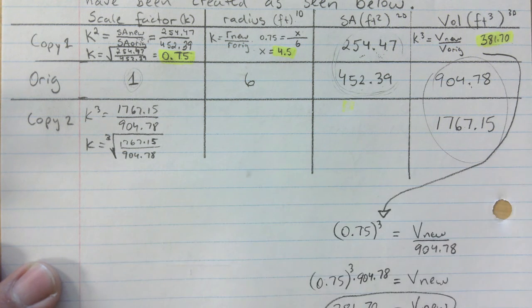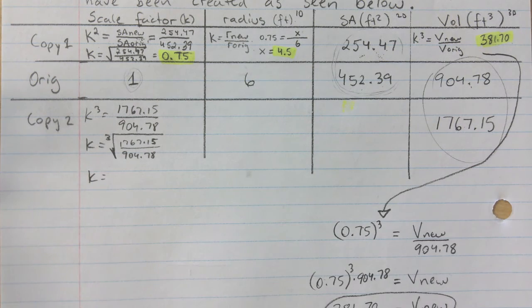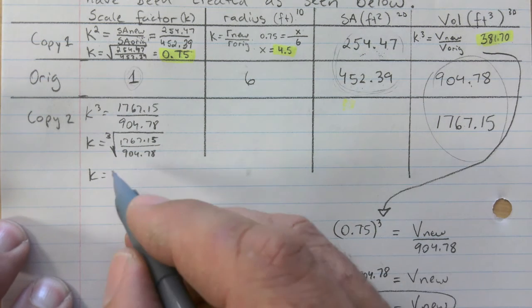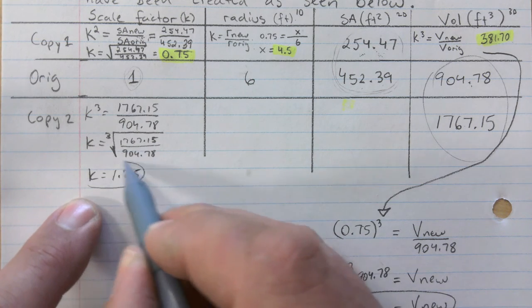I know this chart is not the best. I should have given you more room. I apologize for that. The reason I didn't give you as much space is because when I do it, I just have the answers in there. And I found that students needed this step by step, right? How it's done. I won't always do it, but for today I did. So that's 1.25. That's what you should be getting.